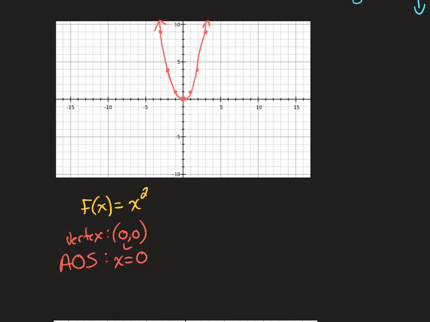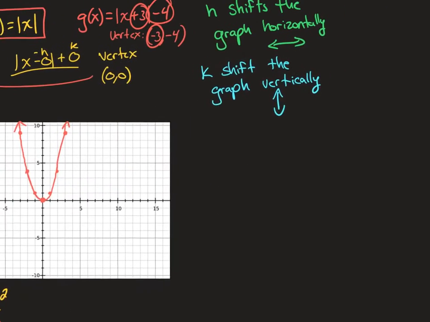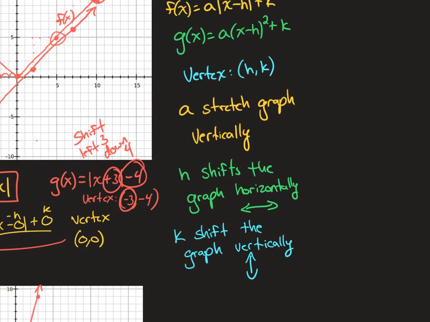And it's always the same as the vertex. I'll make a note over here, the axis of symmetry, which we're going to call AOS, is x equals h. So it's the same as the vertex.